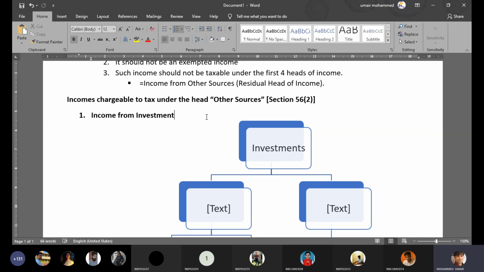But on the other hand, there are certain types of investment in which there is no capital appreciation, but there is only a certain amount of return which you can generate periodically or at the end of the investment tenure. For example, a fixed deposit.